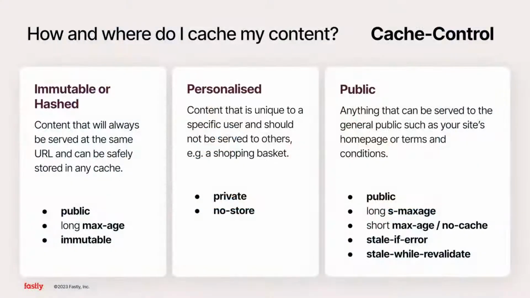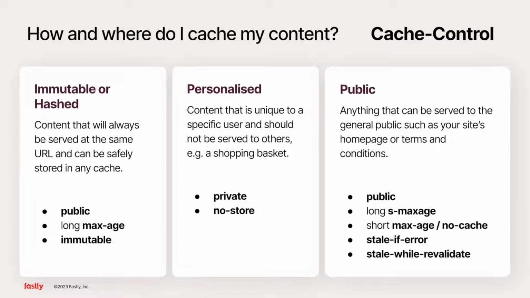Second category of content, personalized content. So this is any resource that has content that is specific to a single individual and is usually private to that person. So think in terms of shopping baskets, inboxes, account detail screens, anything really that is part of a web app that contains private or personal data.